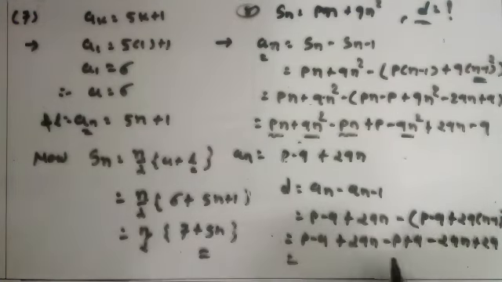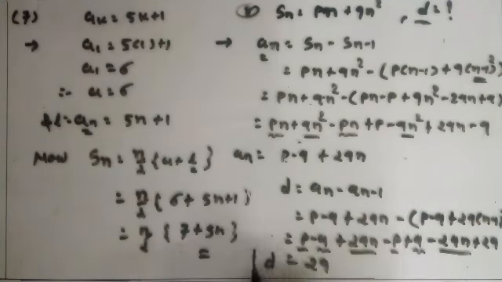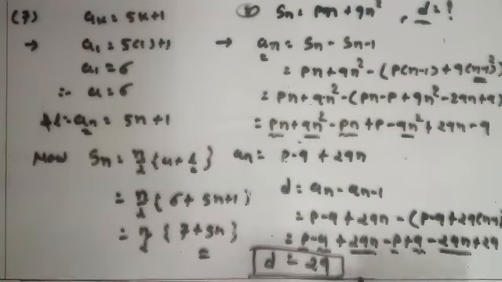Now P minus P cancels, minus Q plus Q cancels, and 2Qn minus 2Qn cancels, so we get 2Q. So the common difference D is equal to 2Q. Remember this.